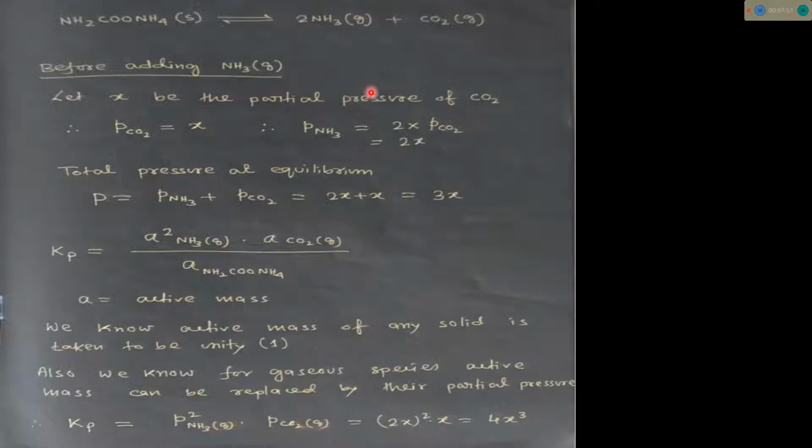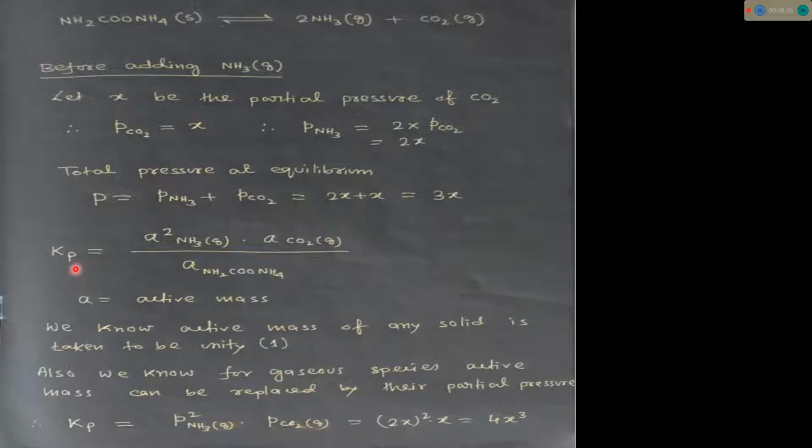If X is the partial pressure of CO2, then P of NH3 should be 2 times X, that is 2 times P of CO2. 2 moles, 1 mole. Now total pressure at equilibrium is the partial pressure of NH3 plus the partial pressure of CO2: 2x plus x, total 3x.